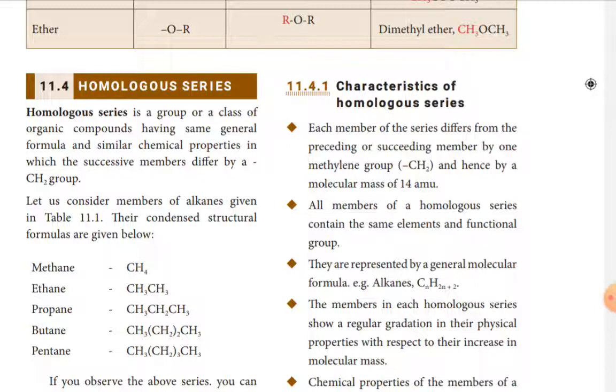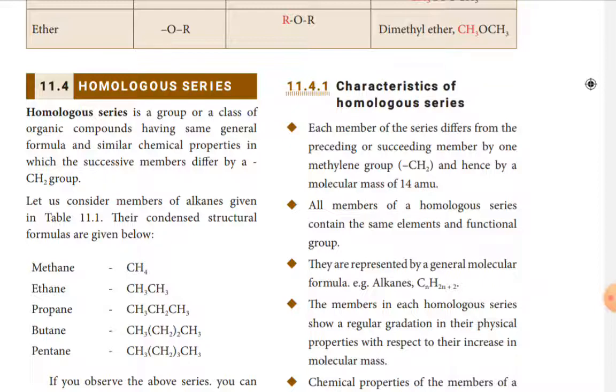Similarly, the general formula of alkene is CnH2n. And the general formula of alkyne, ending with yne, is CnH2n minus 2.